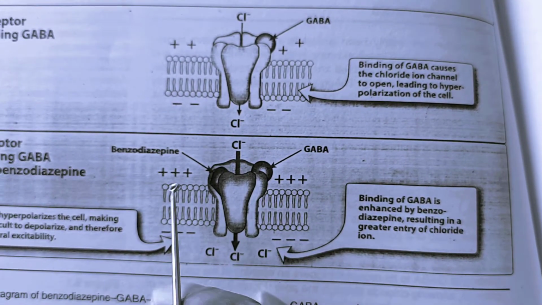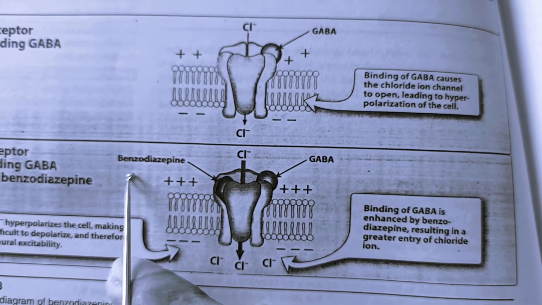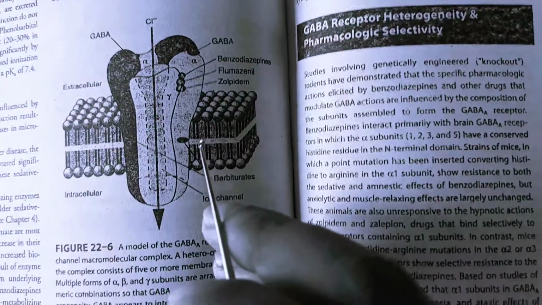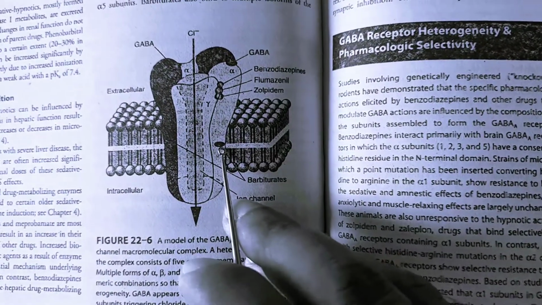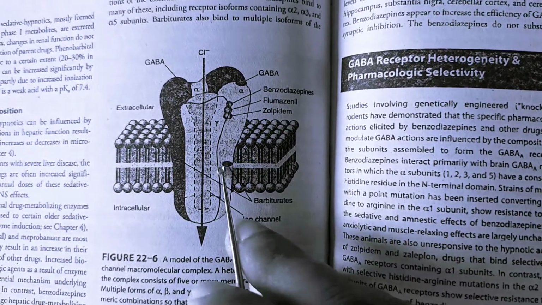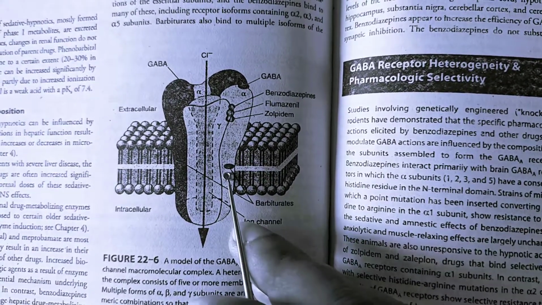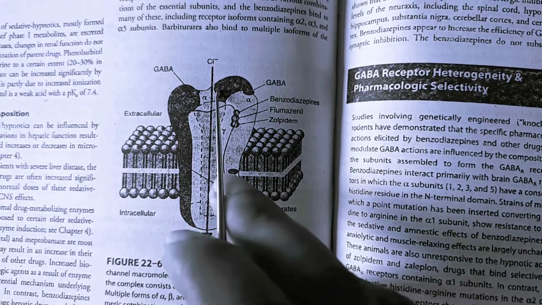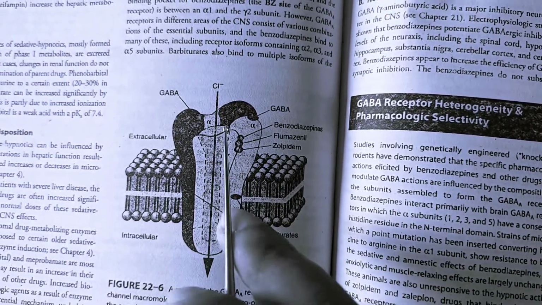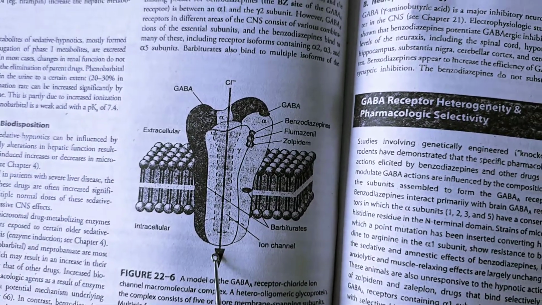In this connection, there is a question: how does the benzodiazepine work and how does the barbiturate work? Previously I said that in this alpha subunit there is another drug binding site. Here the barbiturate binds. The binding of barbiturate also allows the opening of the chloride channel. These are the inhibitory actions on this receptor.